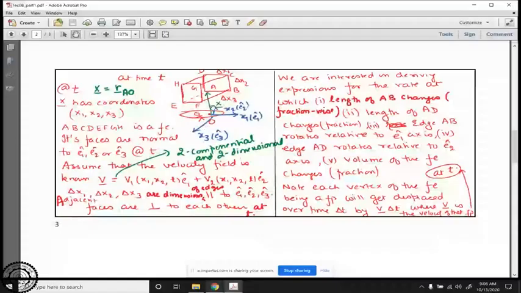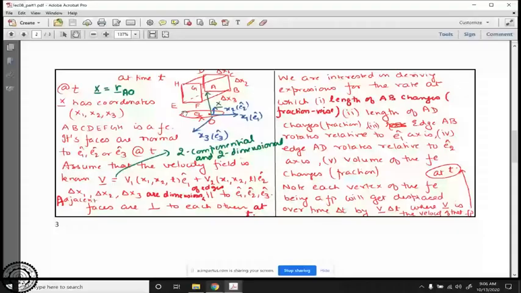Now, I am writing the position vector of vertex A as X. This can be thought of as the base location. So X has coordinates x1, x2, and x3. Using this x1, x2, and x3, you will see that very soon I will write coordinates of all other points, knowing that the edges are delta x1, delta x2, and delta x3.